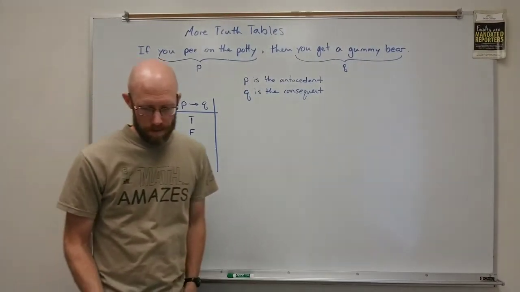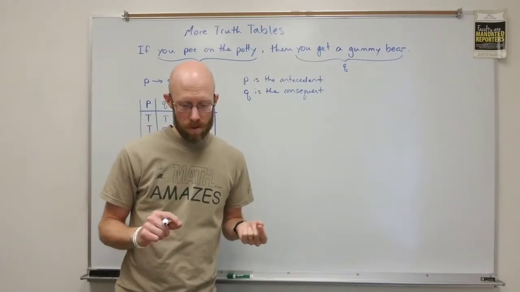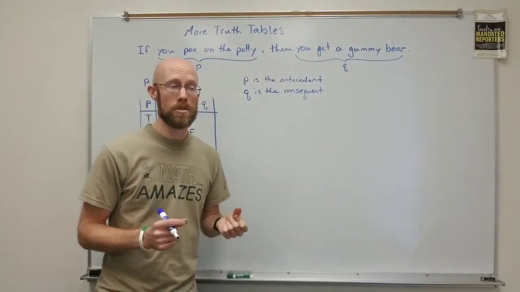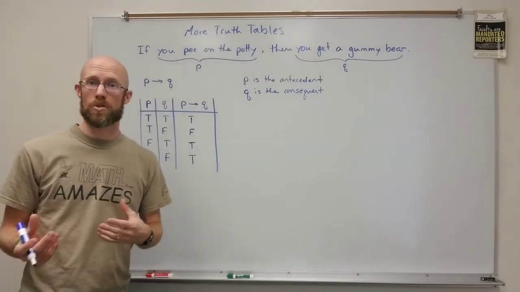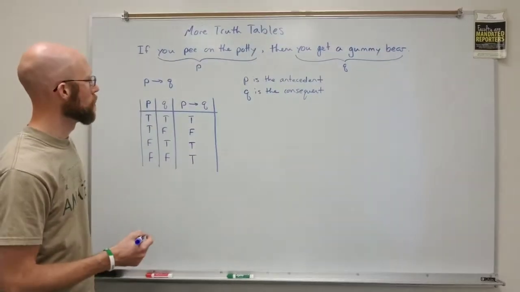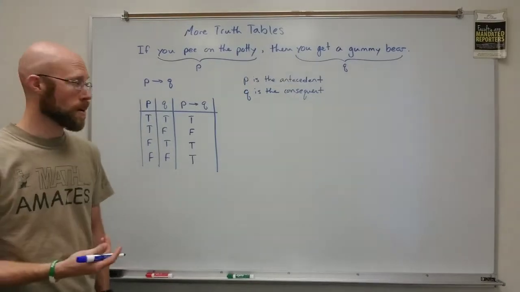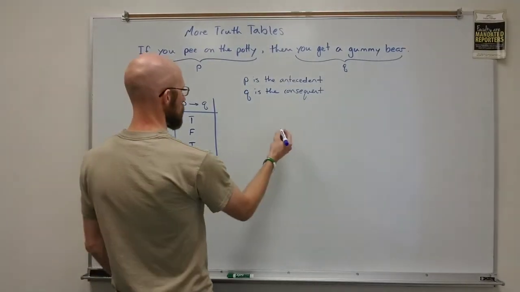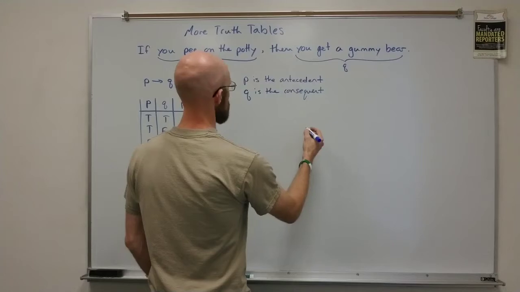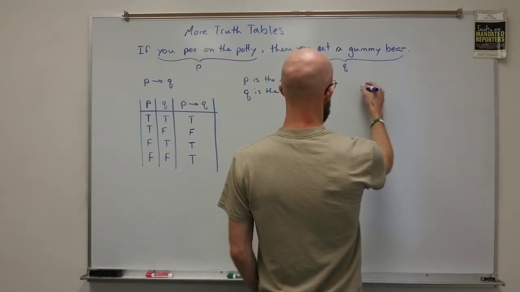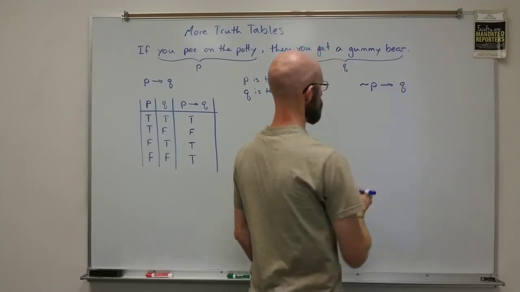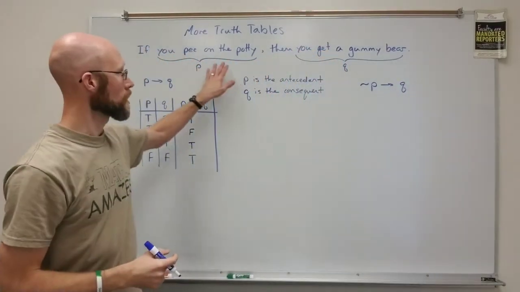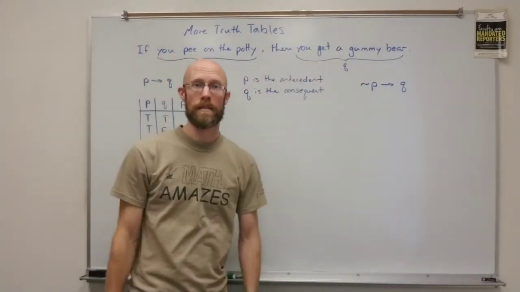Okay. Now we can also look at some other combinations. We could look at conditionals with negations, what happens there. So we could say, what about the statement, not P implies Q. So if you don't pee on the potty, then you get a gummy bear.